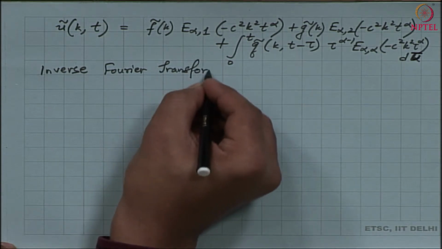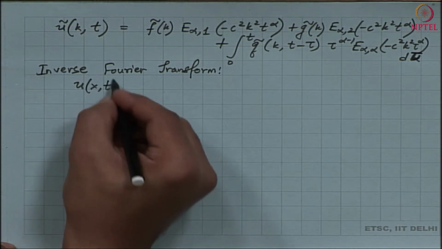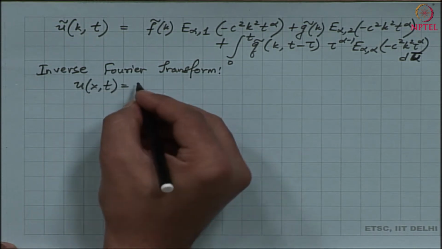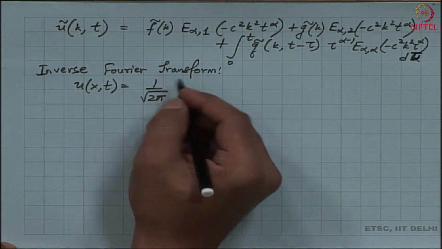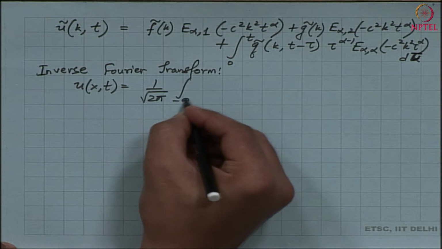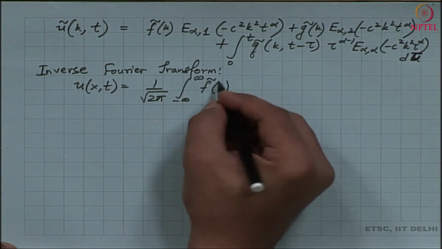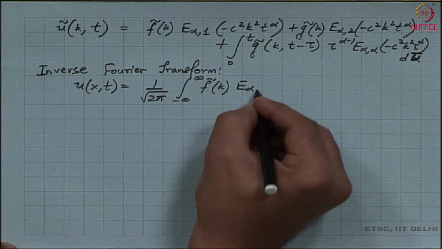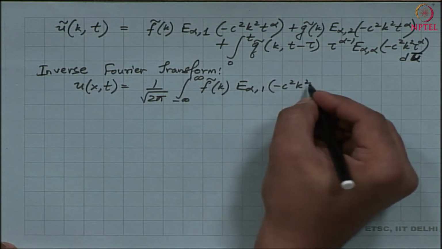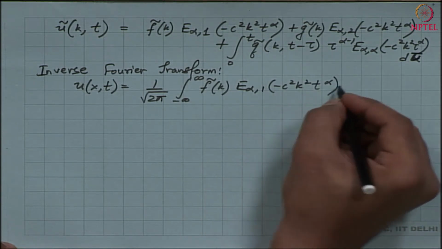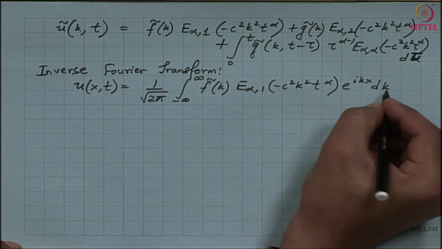I see that my solution u of x comma t, the first one gives me 1 by square root 2 pi, so I apply the inverse transform, integral from negative infinity to infinity f tilde of k times the Mittag-Leffler expansion E of alpha comma 1 of negative c square k square t to the power alpha times e to the power i k x d k.